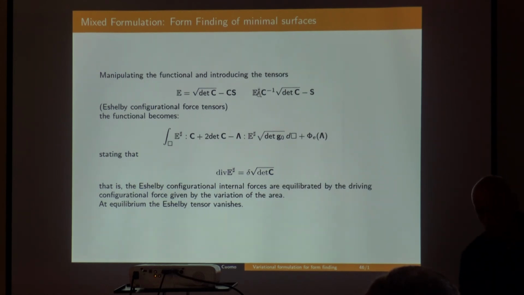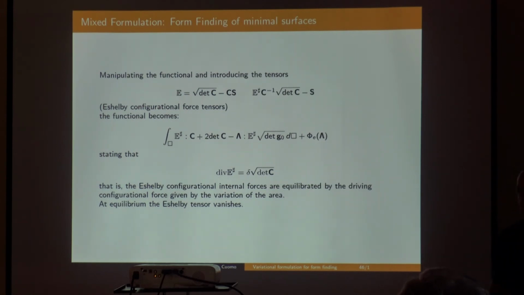We can reformulate this principle with the Eshelby tensor, and we have a very interesting formulation that tells us that, when we make the variation, the divergence of the Eshelby tensor must be equal to a driving force, which is the variation of the area.